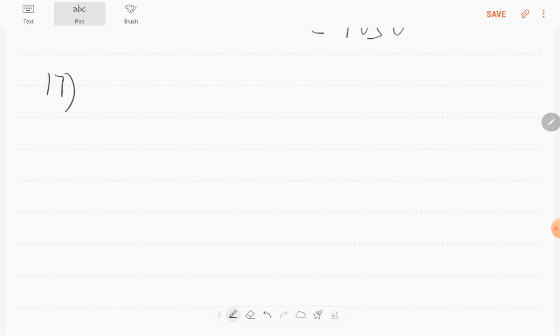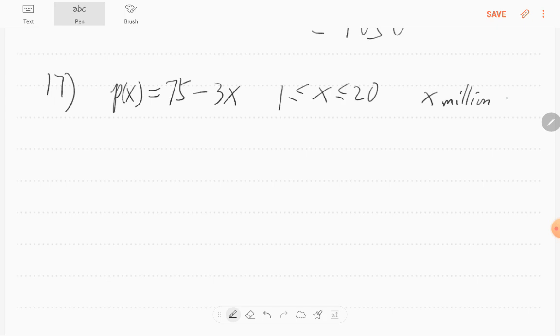They know that the price demand function, using some techniques to get it, is P of x, where P represents the price, equals 75 minus 3x, where x is greater than or equal to 1, less than or equal to 2. So x means x million chips.